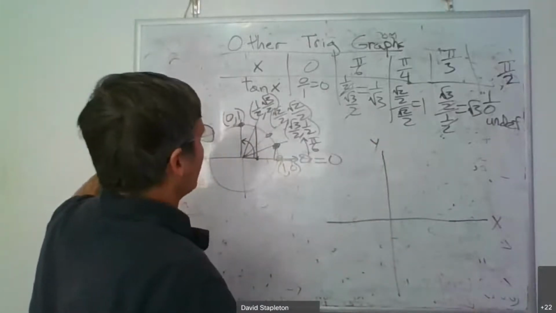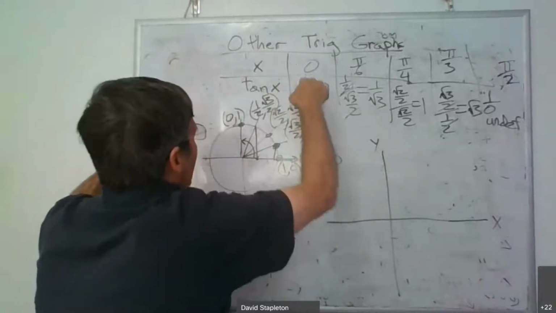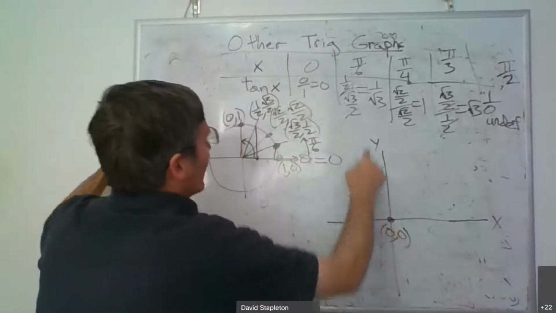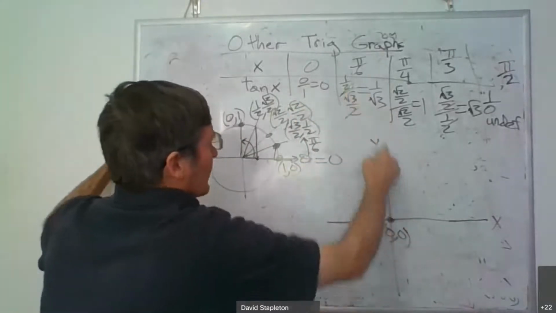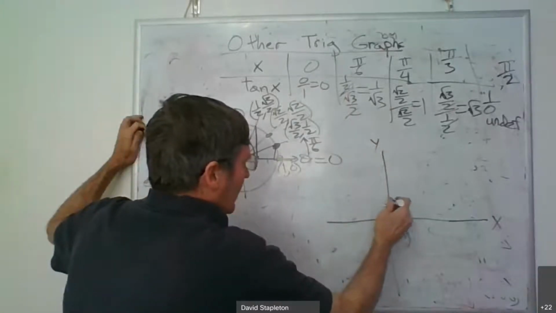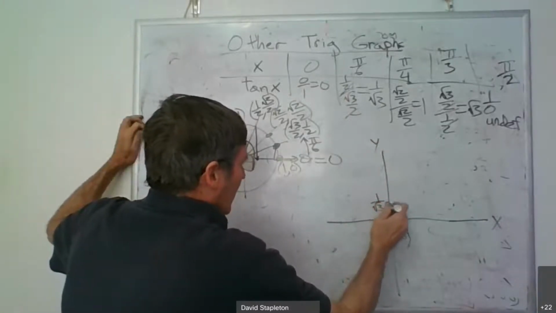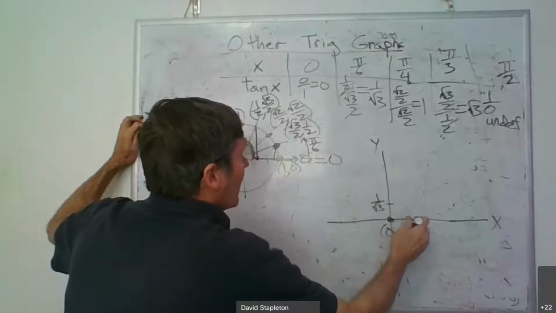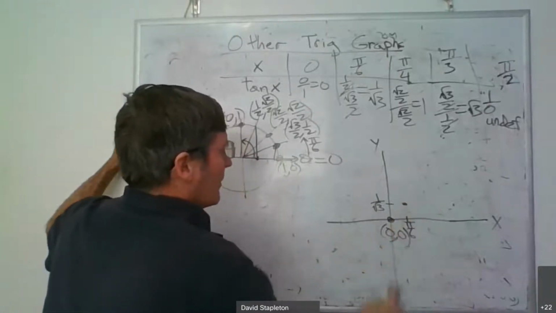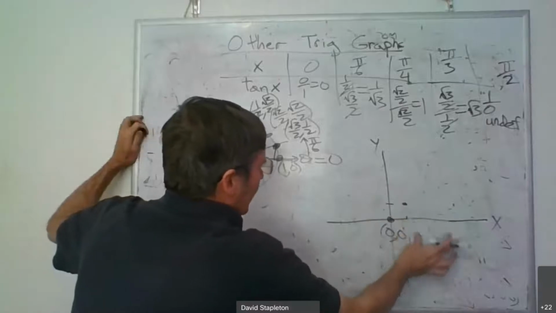And the tangent looks like this. It has the point x equals 0, y equals 0, right? It has the point pi over 6, 1 over square root 3, which I think is about 0.7 or so. I should mark that.